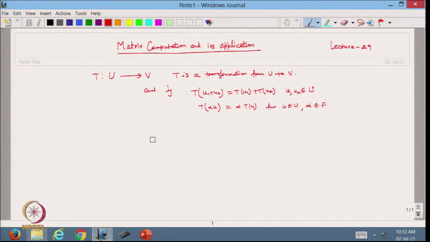Now, we want to use some properties, or maybe I call it a theorem. Let T be a transformation from U to V, and suppose T is a linear transformation.